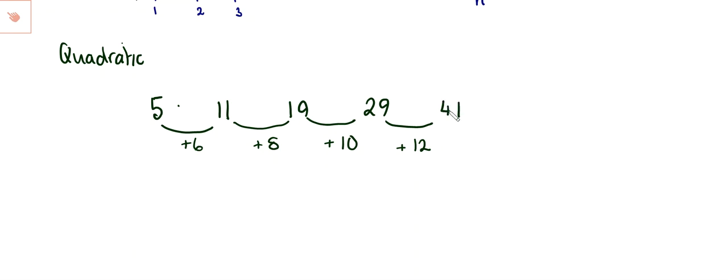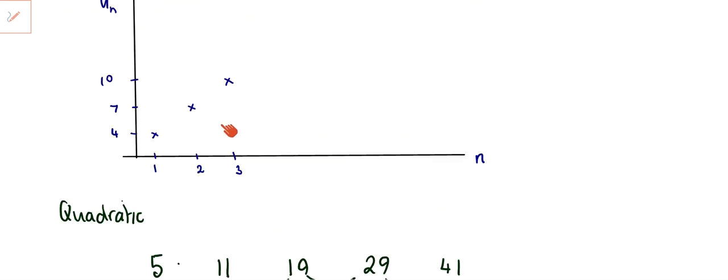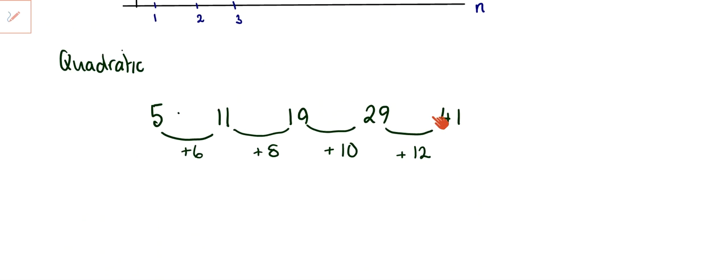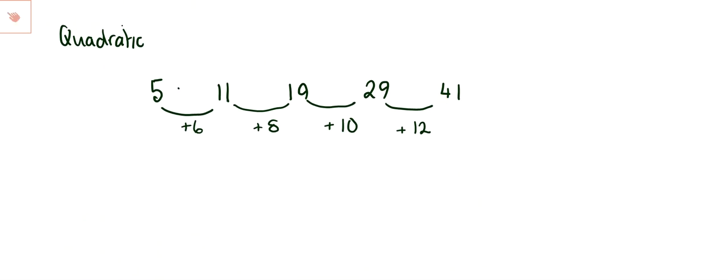Now, what do we notice about the first line of difference? It's not the same number this time. So this time, the first line of difference is not constant. So what did we do? You put the lines at the bottom, make the second line of difference.